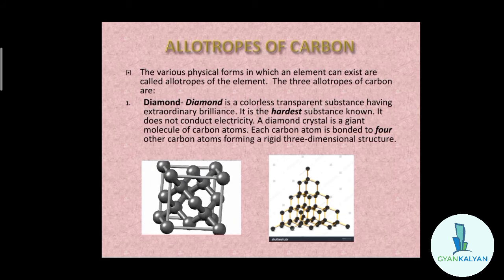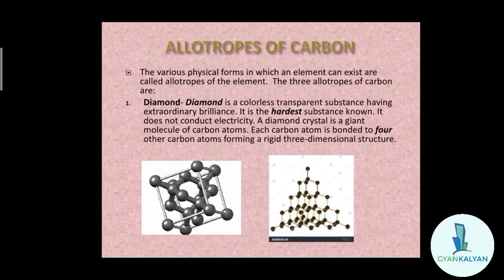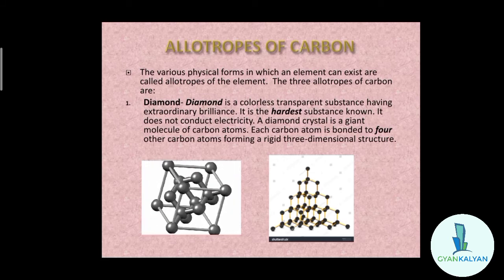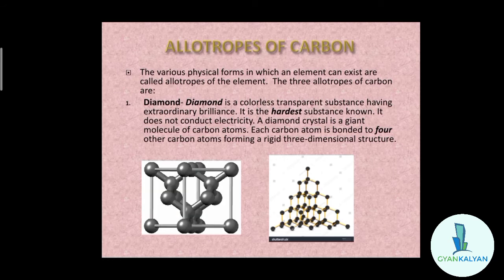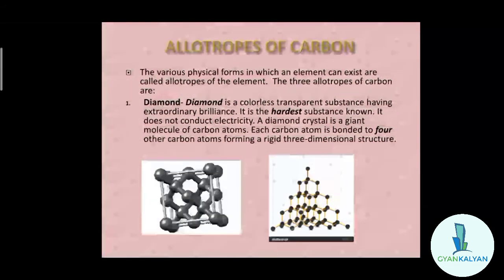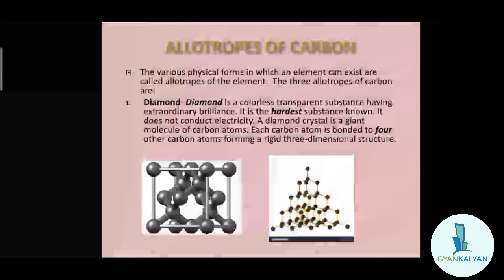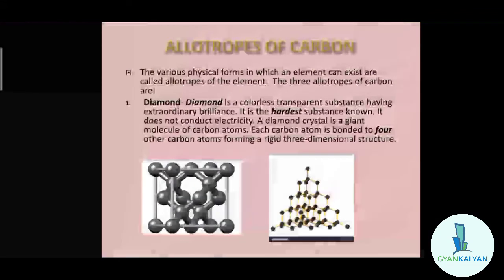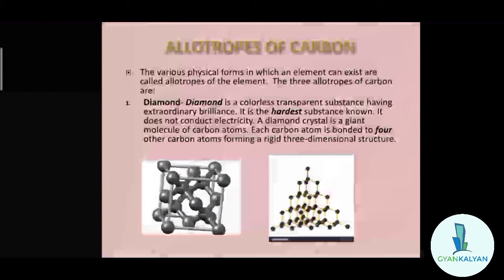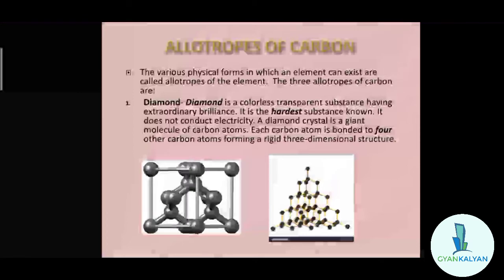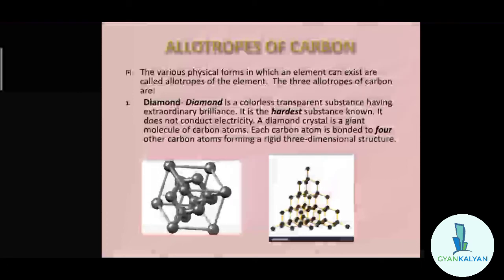So this is the proof that diamond is made up of carbon only. So in the diagram given below, आप देख सकते हैं कि how the carbon bonds are formed. कैसे एक carbon और दूसरे 4 carbons के साथ bond form करके एक regular tetrahedron shape form करेगा. Okay.